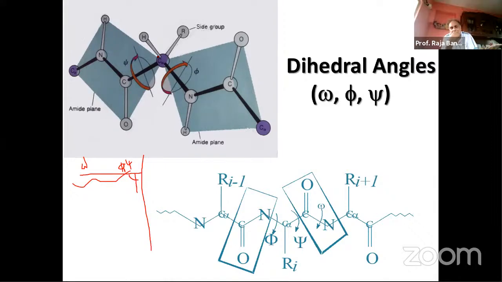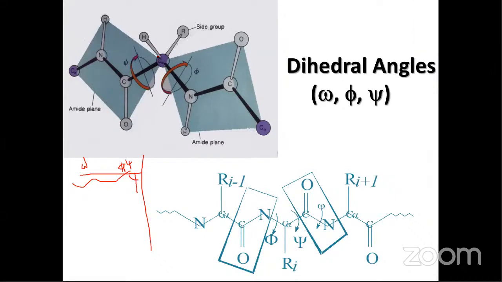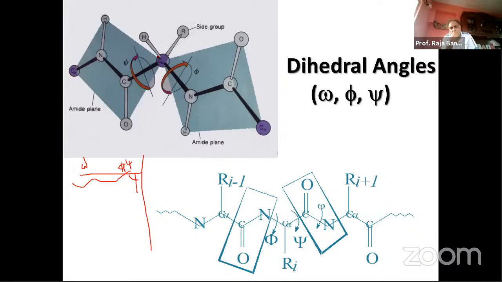But actually, my point is, if there is someone who doesn't know anything, at least he can have a 10% idea about the protein structure. At least he or she understands what a dihedral angle is, what the sequence is, and how the sequence plays a role in structure.